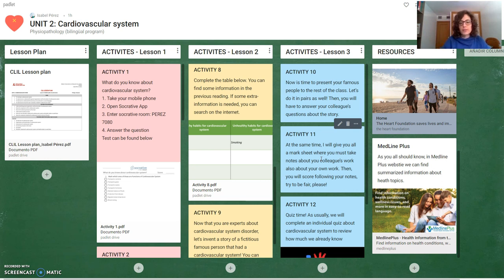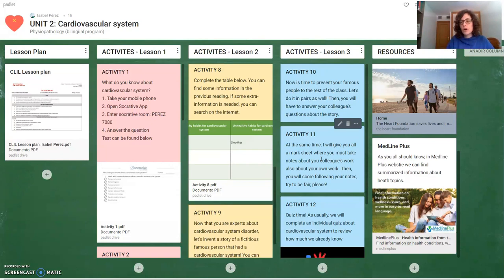They are supposed to include past sentences. Also, they have to know about cardiovascular systems and healthy habits. And also they have to have a little bit of creativity to make the story. And at the same time, they are supposed to evaluate their work.